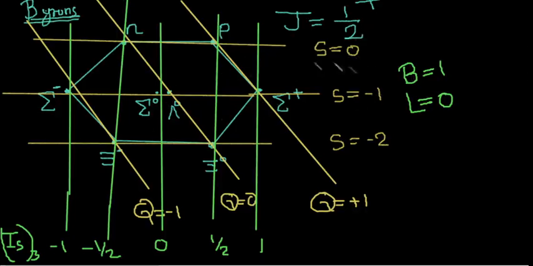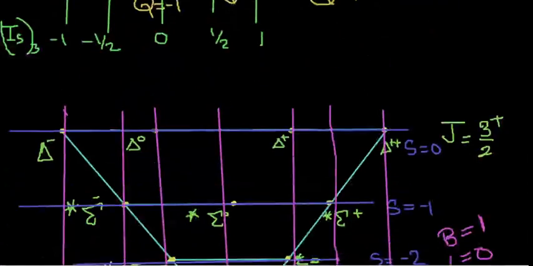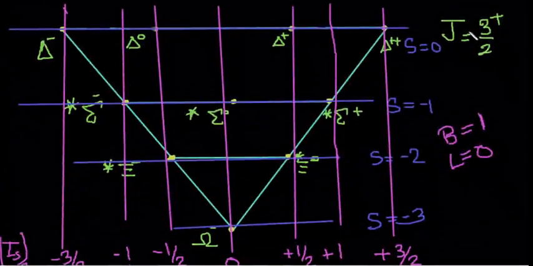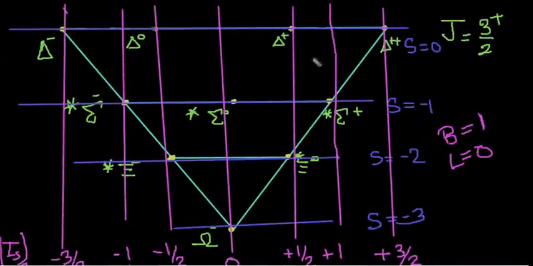So in this fashion it goes. Baryon number is 1 and lepton number is 0 for these baryons. And again we have the baryon decuplet for J equal to 3/2 plus. So here sigma is replaced by sigma star and cascade is replaced by cascade star. We have two new particles in this, that is delta and omega.